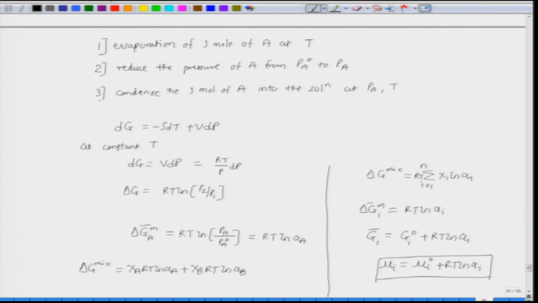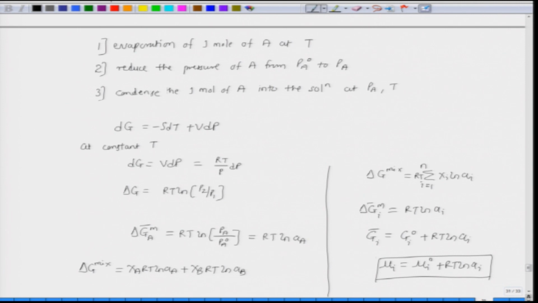Now we know the Gibbs free energy change associated with the mixing process, or when we form a solution from pure components, what delta G mix should be. And this is the standard equation for chemical potentials that we will be using, mu i equal to mu i 0 plus RT ln a i. In this case mu i 0 is nothing but the chemical potential of i in its standard state.